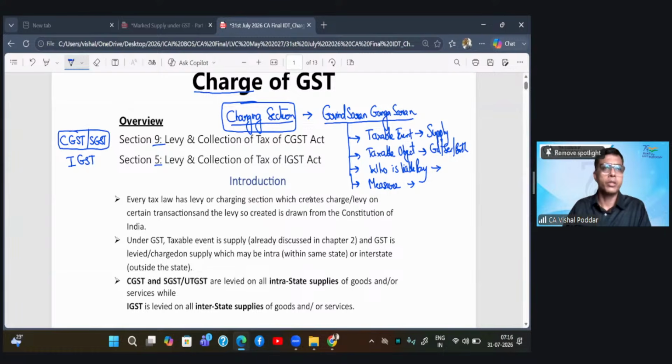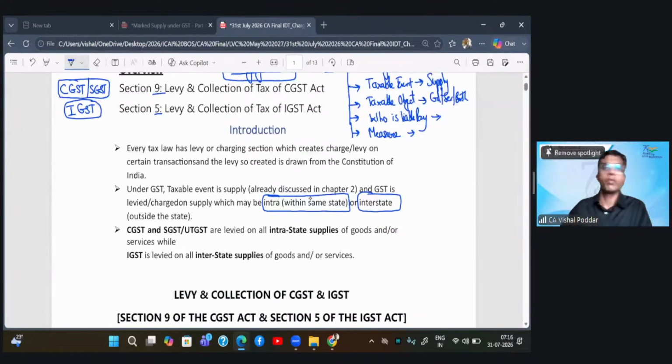Now, we all know what is the difference. These two acts are applicable to transactions which happen within the same state, which we call intrastate supply. Whereas IGST law will apply to transactions which happen between different states or union territories, which is called interstate supply. Technically, what is inter and intra, that we will understand in detail in a later part.